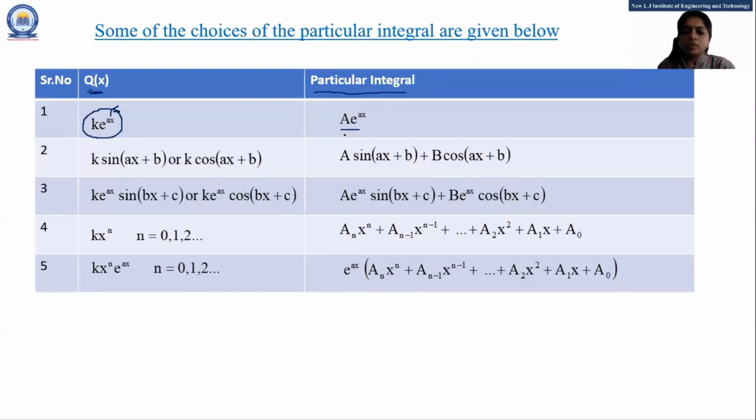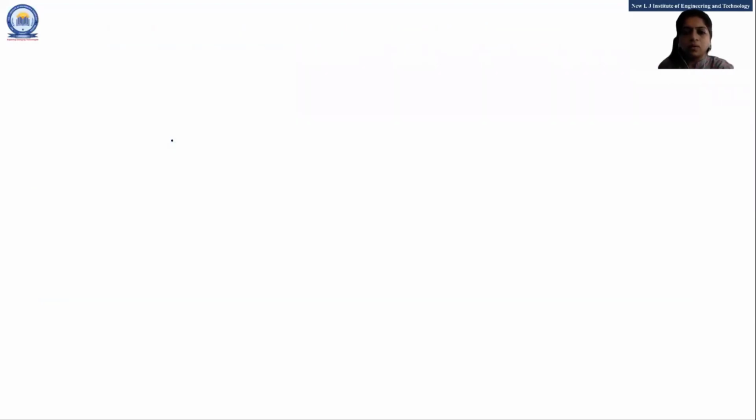Why? See students, here, suppose whatever your differential equation is, and your right hand side is 2 e raised to x, right?